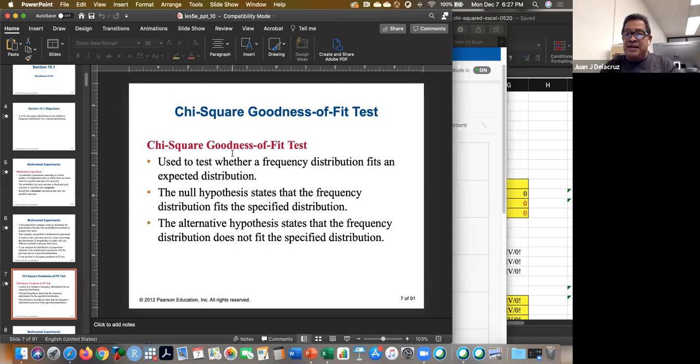So it's a simple test. It's exactly the same idea that we have been doing before. We are going to do the test statistic. In this case, it's going to be a chi-square test, and then we are going to compare it with the chi-square for the data. So we have a comparison between the observed and the hypothetical, which in this case is the observed compared to the expected.